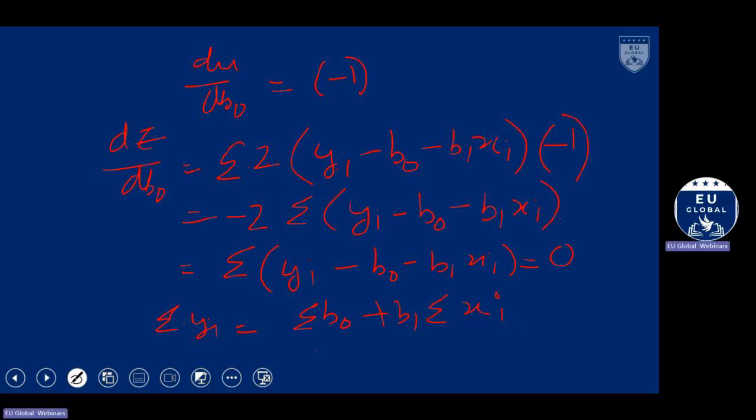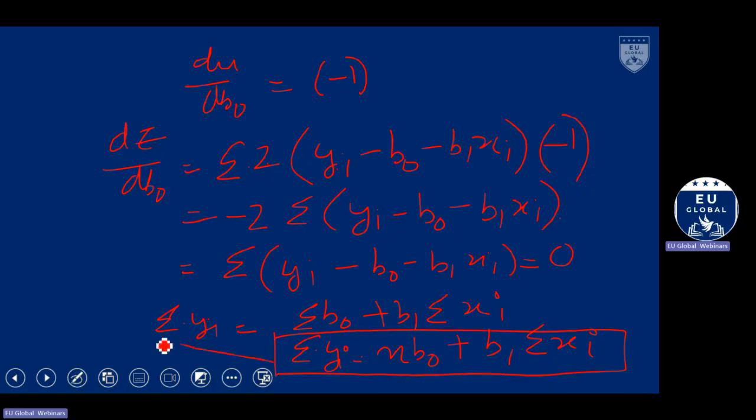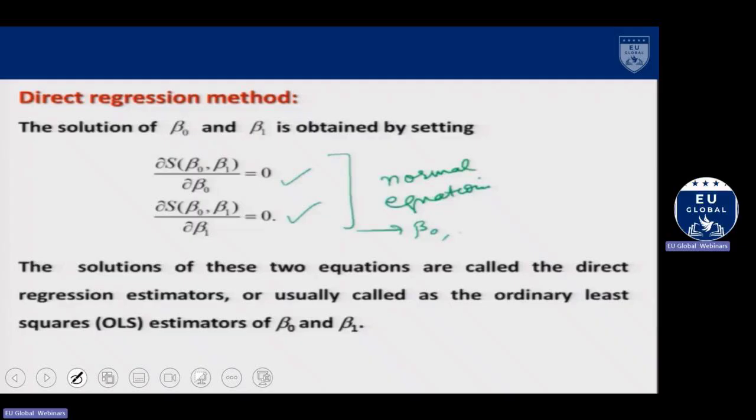So summation of yi will become n b0 plus beta 1 summation of xi. This will be your first equation, equation 1, when you find dE with respect to dB0. Now we come to the next part.